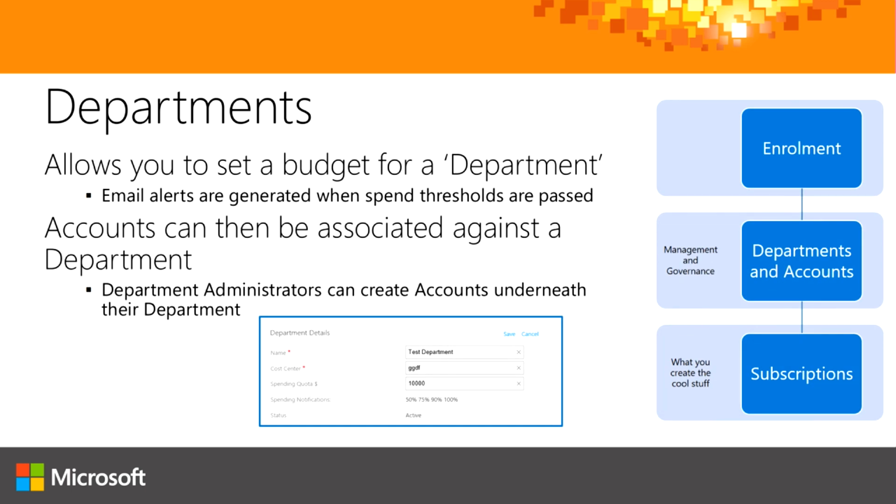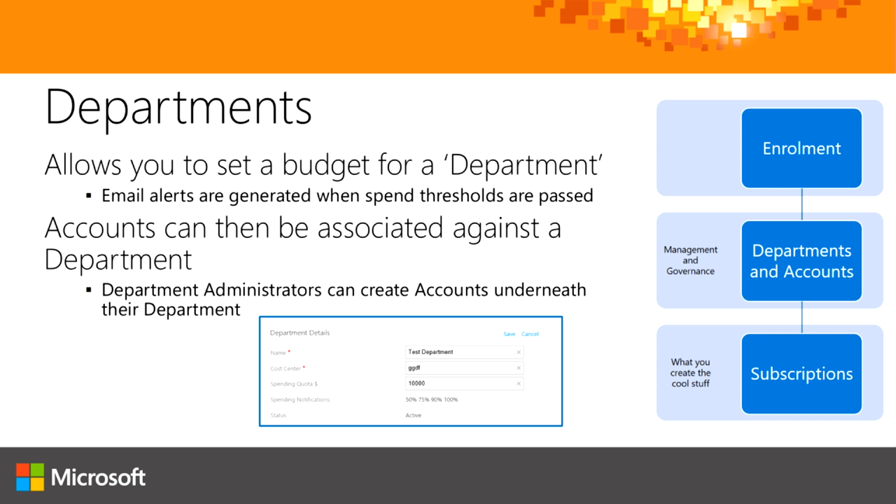So the final governance layer that we added just earlier this year is departments. Now, departments are really just a label. The great thing that I love about departments is you can set up a department. A department contains one or more accounts, and you can set the cost center, a name, and a spending quota.